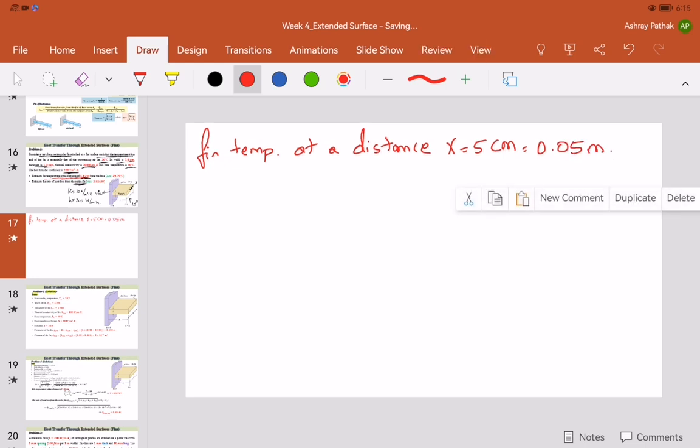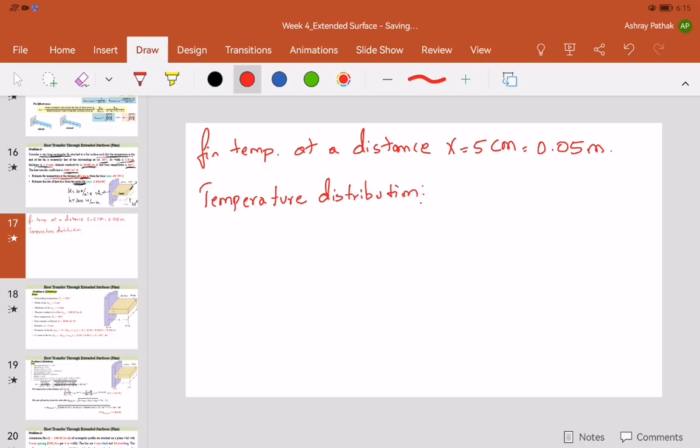In case number 1, the second column gives you the temperature distribution. The formula is: T minus T infinity divided by T base minus T infinity equals e power minus m times x.